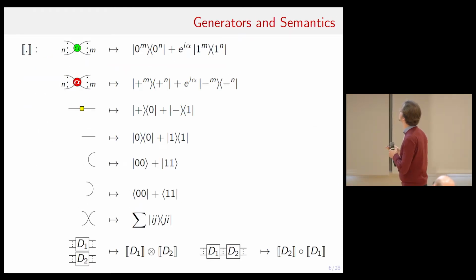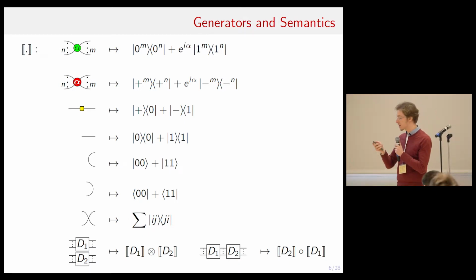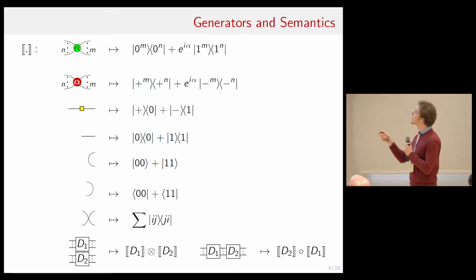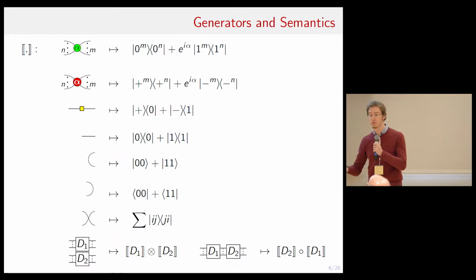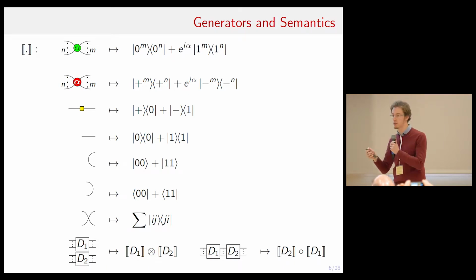Okay. So more formally now, here are the generators of the ZX calculus. So you have green and red nodes with arbitrary number of inputs and outputs, and with a parameter. As you can see, the green node really relates to the canonical basis, 0, 1, while the red node really relates to the diagonal basis, plus, minus.